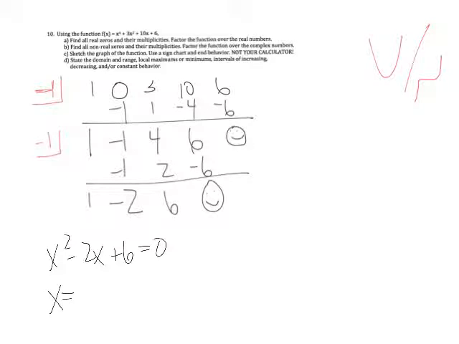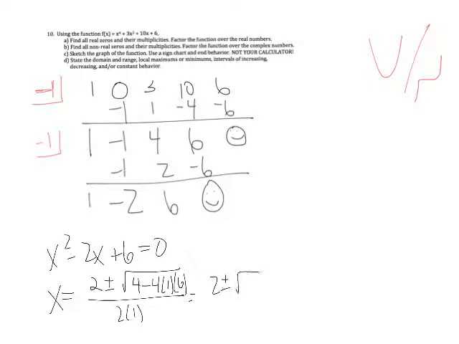So x equals the opposite of -2, so I write +2, plus or minus the square root of, when I square -2 I get 4, minus 4 times 1 times 6, all over 2 times 1. So 2 plus or minus the square root of -20, over 2. Your -20 can factor into -4 times 5.